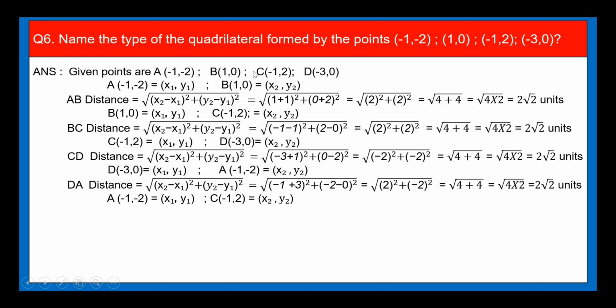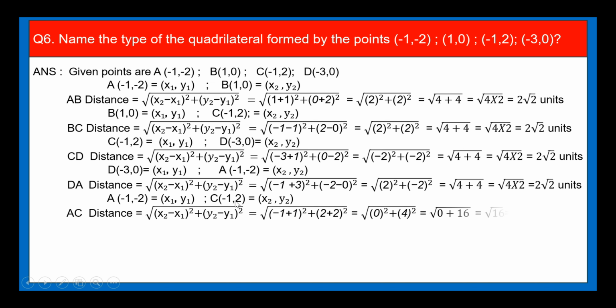Diagonal is AC. A coordinates are minus 1, minus 2, C coordinates are minus 1, plus 2. Now AC distance. AC distance is x2 minus x1 whole square plus y2 minus y1 whole square. x2 value is minus 1, minus x1 is minus of minus 1 will be plus 1 whole square. y2 minus y1 means 2 plus 2, minus of minus 2 will be plus 2 whole square.